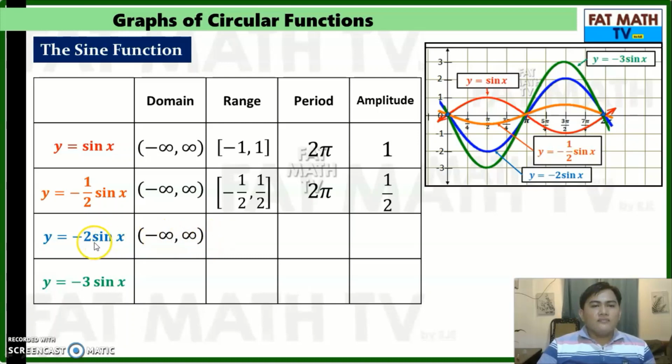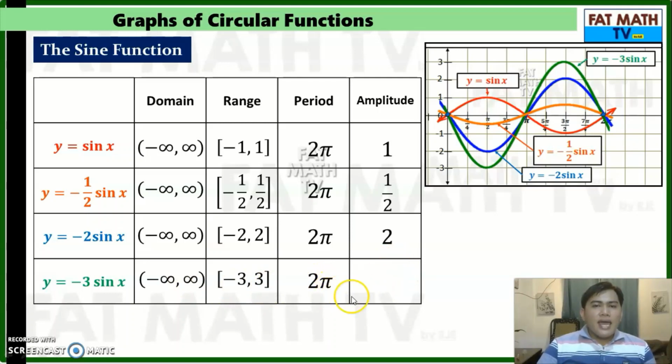The range is from negative 2 to positive 2. Same period, and the amplitude is the absolute value of negative 2, that is 2. For y equals negative 3 sine x, same domain. The range will be from negative 3 to positive 3. It has the same period, 2 pi, and the amplitude is the absolute value of negative 3, which is positive 3. So that's the height of the graph, positive 3.